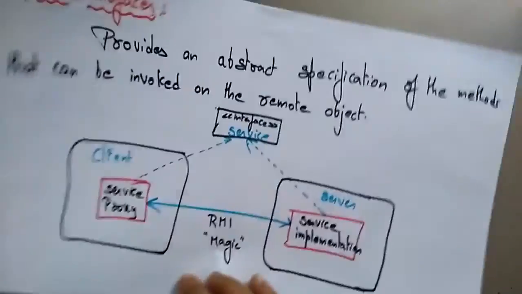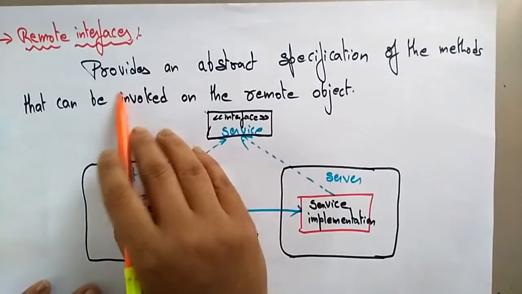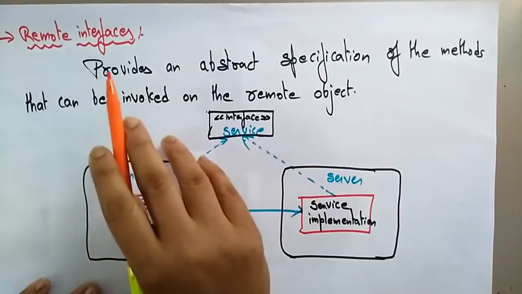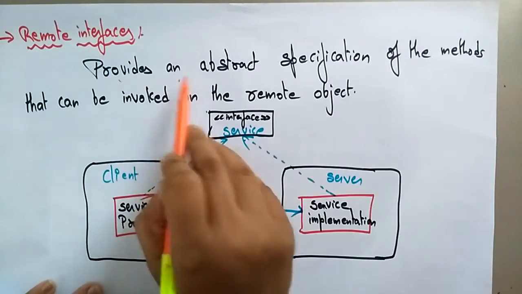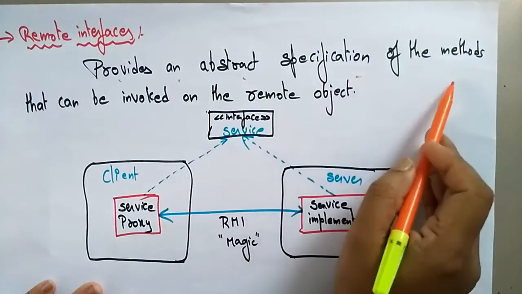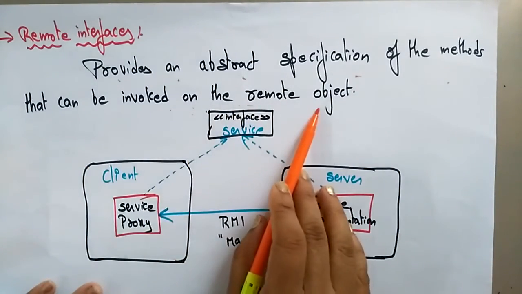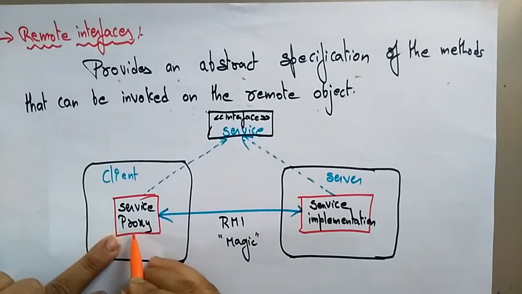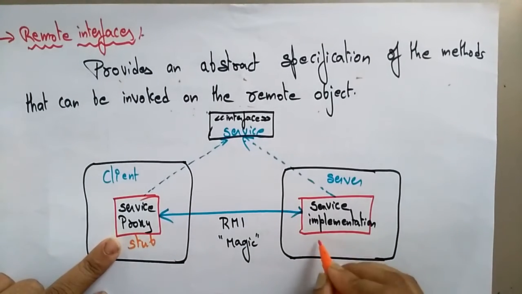And remote interfaces: the working of the distributed object may be through a remote interface. It provides an abstract specification of the methods that can be invoked on the remote object. Here the client has the service proxy, which is a stub, and the server has the service implementation, which is a skeleton.